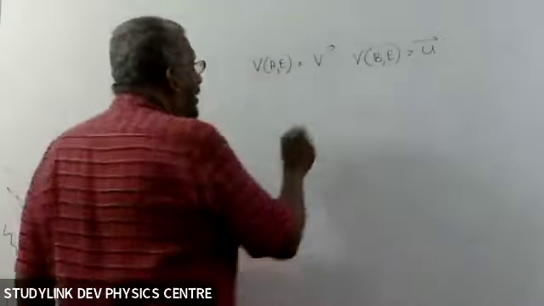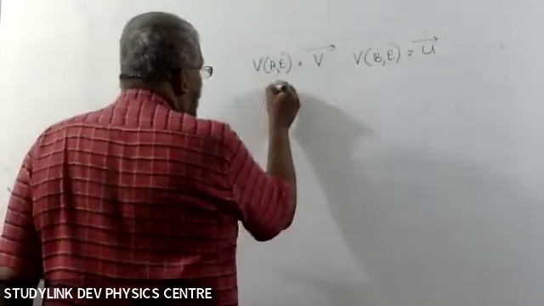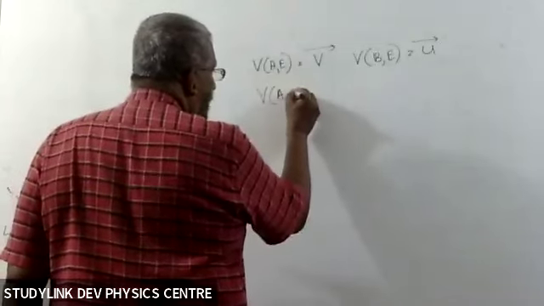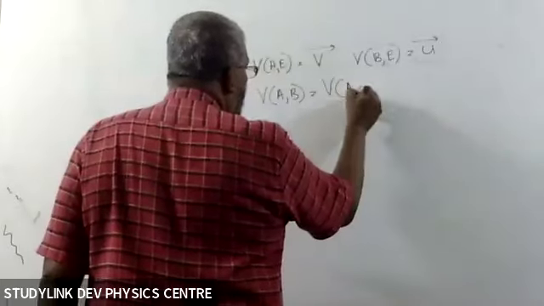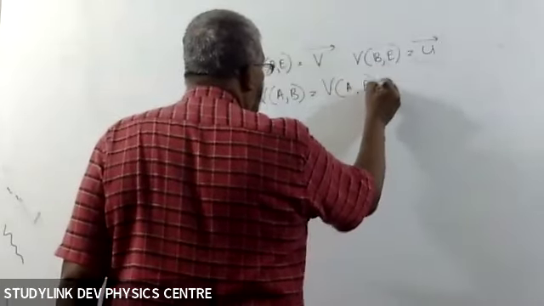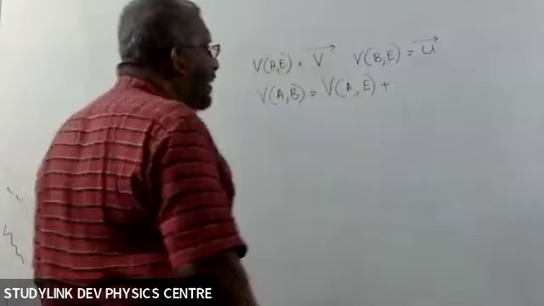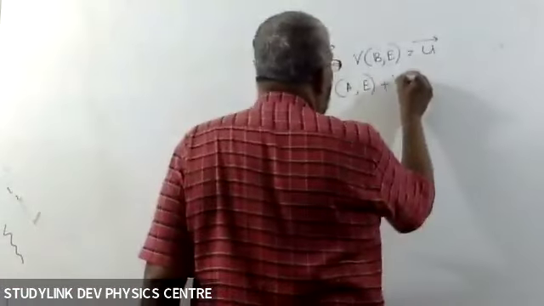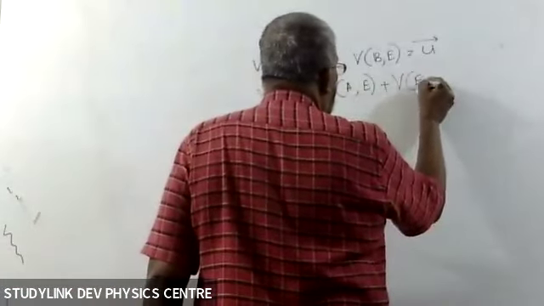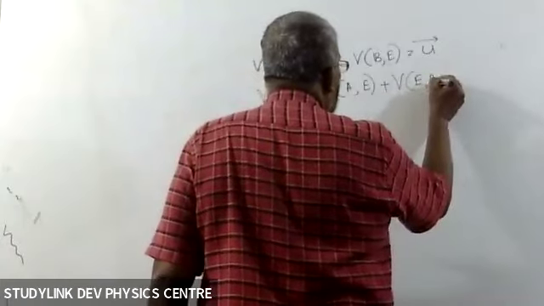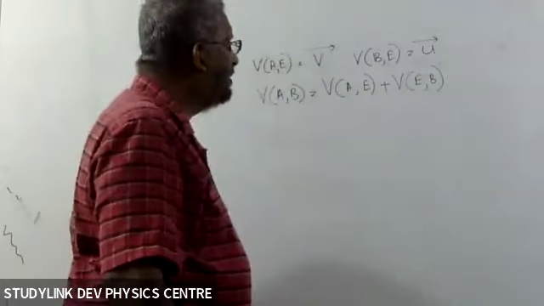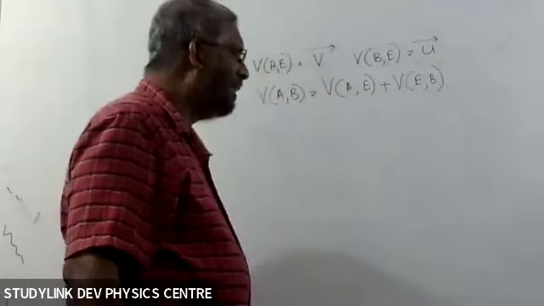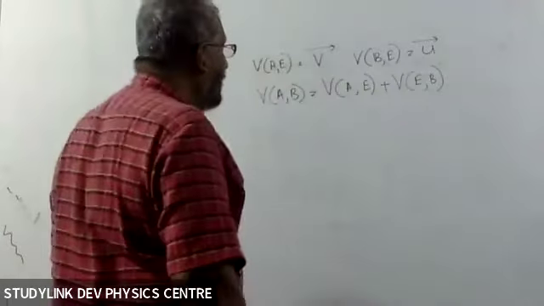Now, our theory: velocity of A relative to B is equal to velocity of A relative to the Earth plus velocity of the Earth relative to B. After that, if you want, you can directly apply and add.